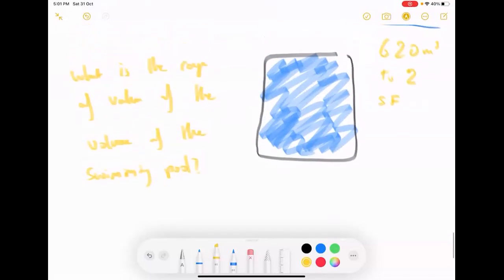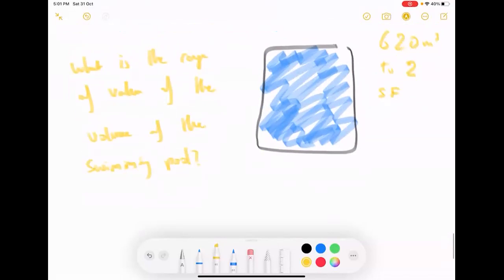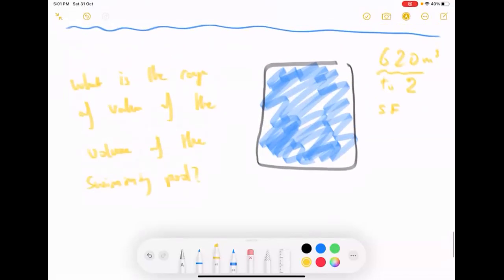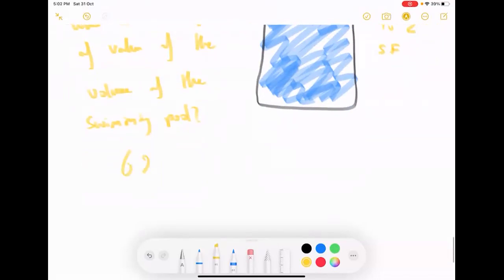So let me ask a question. So 620 is rounded to two significant figures. Let me ask it in a different way.